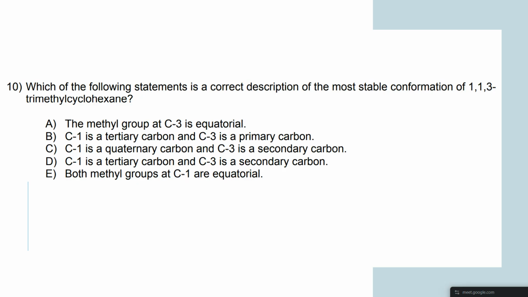For the methyl groups at the first position, one will be axial and the other will be equatorial. Now you will have to place the methyl at the third position in such a way that it minimizes steric hindrance or 1,3-diaxial interactions. For that, you know that the third methyl must be equatorial.